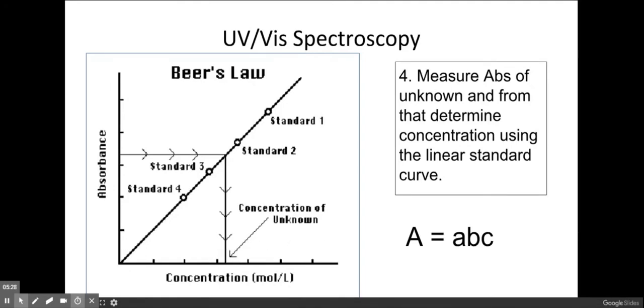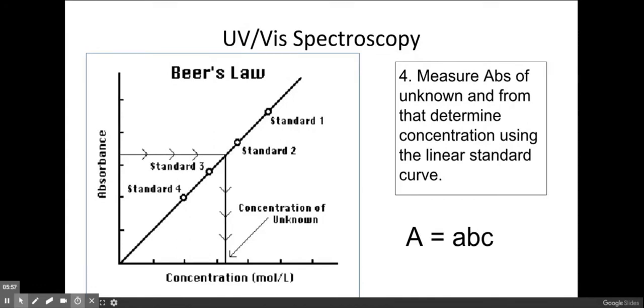This is using Beer's law. Mathematically, Beer's law is represented on the AP equations and constants page with this equation, and the constants sheet tells you what a, b, c, and capital A mean. Capital A stands for absorbance. That is equal to little a, the molar absorptivity constant, which changes depending on what your solution is made of. b is the path length, which for most of our devices is going to be 1 centimeter.